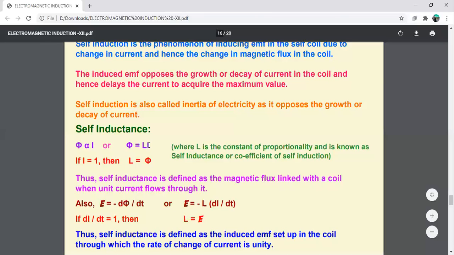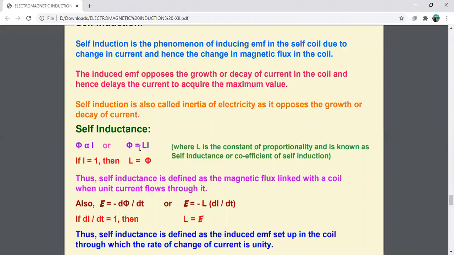So i will get cancelled. So L equal to mu naught n A, where n is the number of turns of the coil per unit length, and A is the area of cross section of the coil, and mu naught is the magnetic permeability of the vacuum.